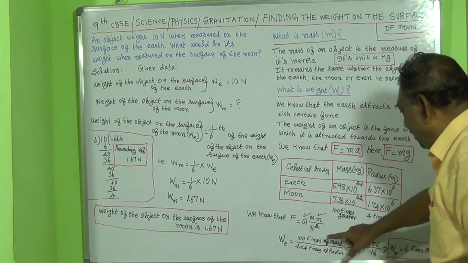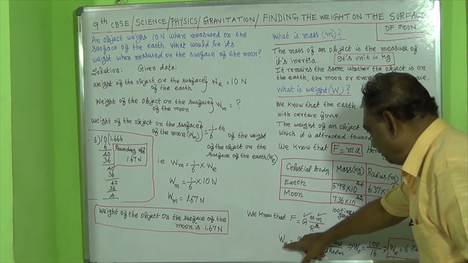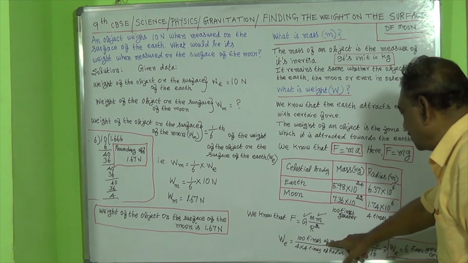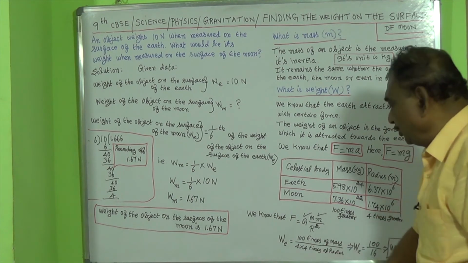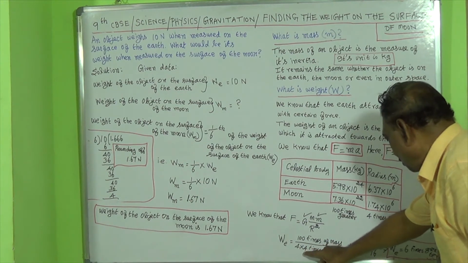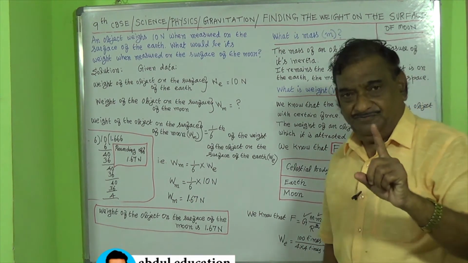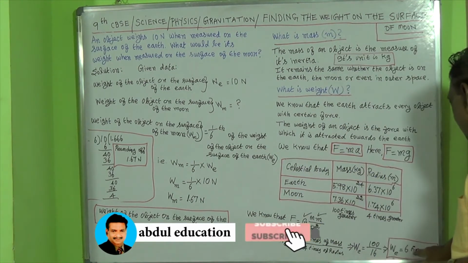Therefore, if we find the force, it is 100 times the mass by 4 into 4 times the radius. What is 4 into 4? 16. If we divide 100 by 16, we will get about 6 times.